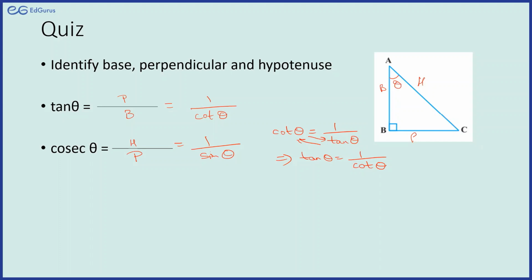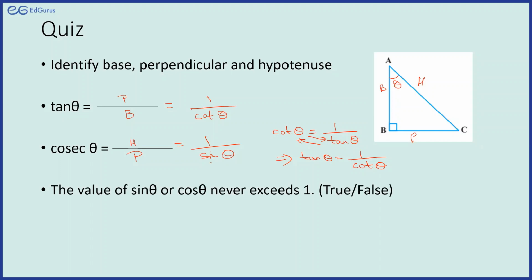Now, is it true or false? The value of sin theta or cos theta never exceeds 1. Can the value of sin theta or cos theta be more than 1? What does this statement mean?